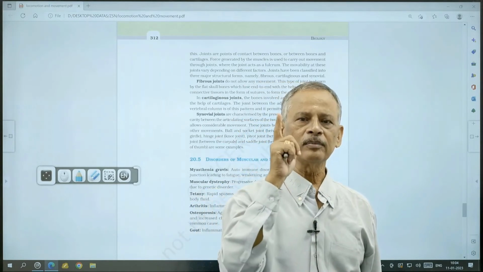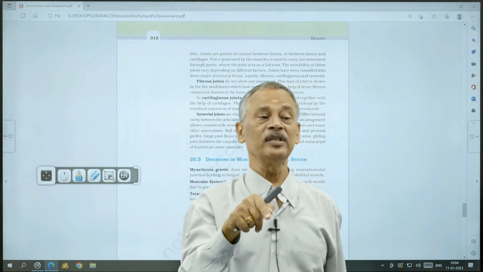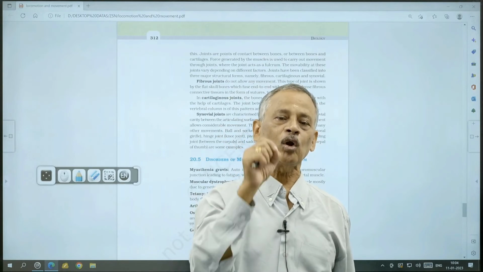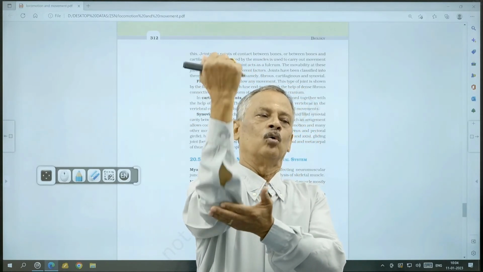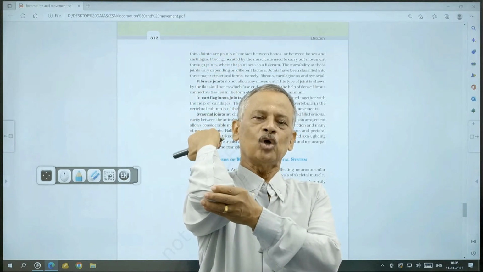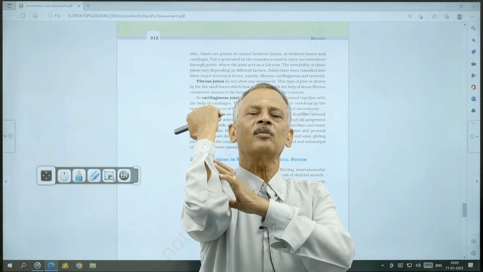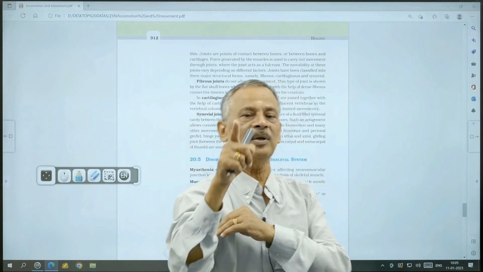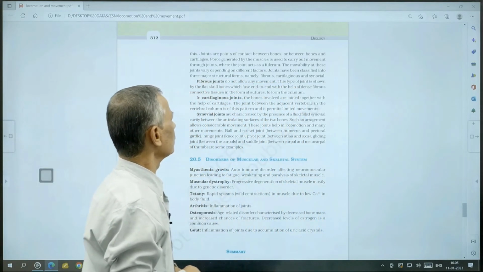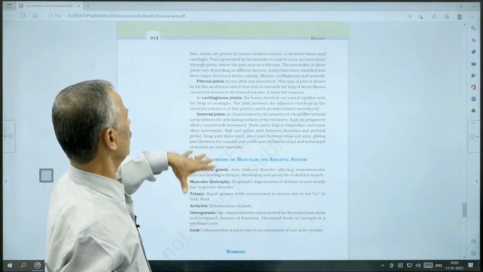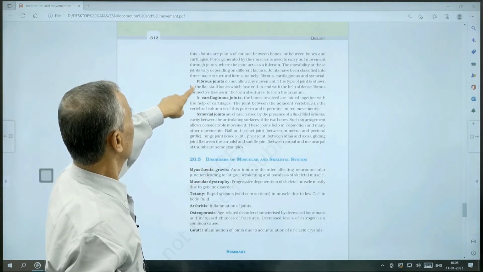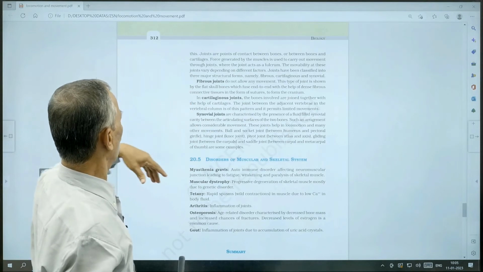Bones move around this central point. So that is the role of, for example, in this movement, the elbow. This acts as the joint around which bones move by the force generated by muscle contraction. These are classified into three: fibrous, cartilaginous, and synovial.